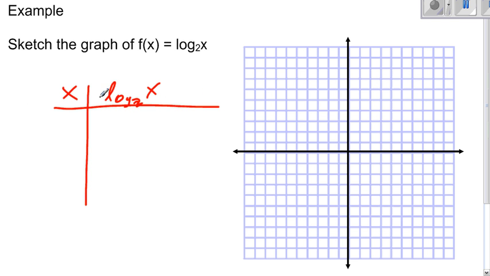So for this, we got to think about exponents and powers of 2 a little bit backwards. So start thinking of the powers of 2. We could obviously do 2, 4, and 8. But also, 2 to the 0 power would be 1.